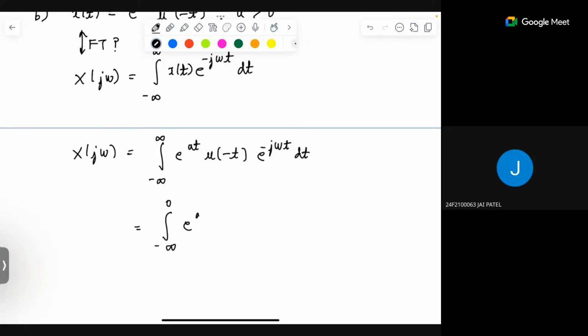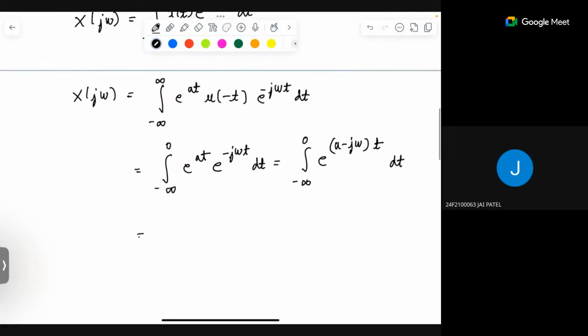All right. Again, we will take these e terms together and then compute the integral. So e raised to the power of a minus j omega into t dt. If we integrate it, we will get the exponential back and this factor will be divided, with limits minus infinity to 0.